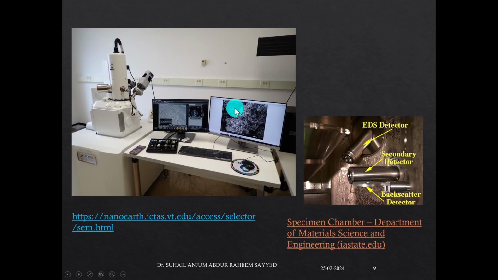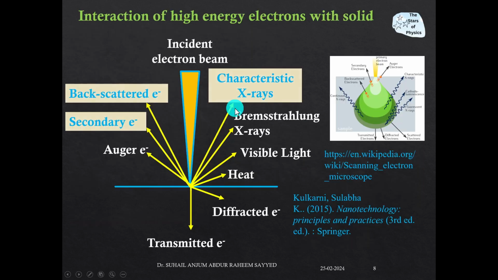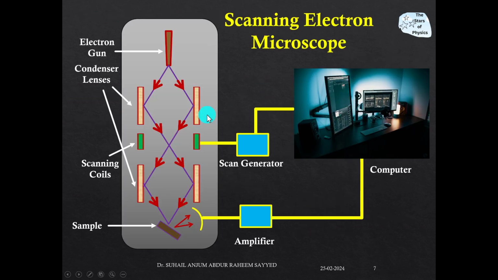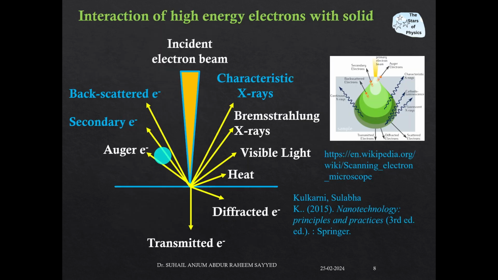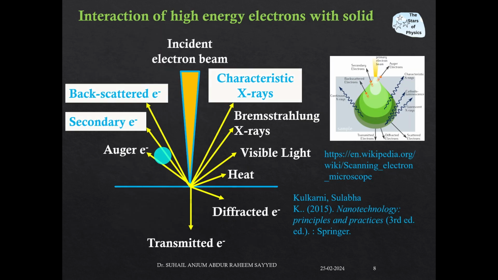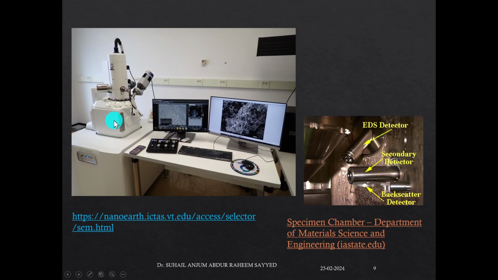Okay. Now this is the scanning electron microscope. Just now we have seen it here. This scanning electron microscope system is kept in very high vacuum, generally below 10 raised to power -3 Pascal, or even better vacuums are required. So this total system is in high vacuum, and here we have the sample chamber.